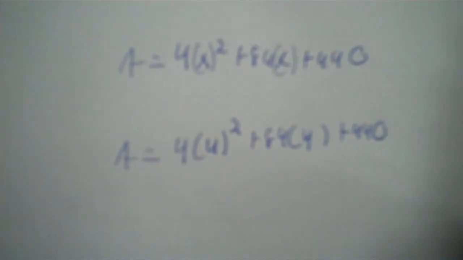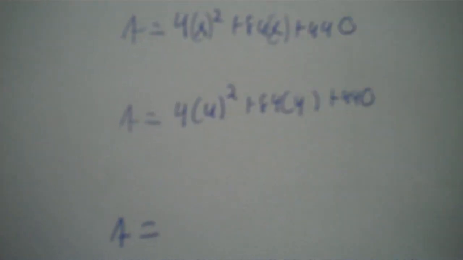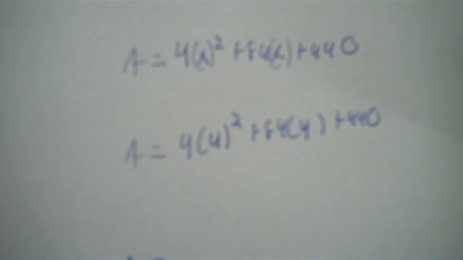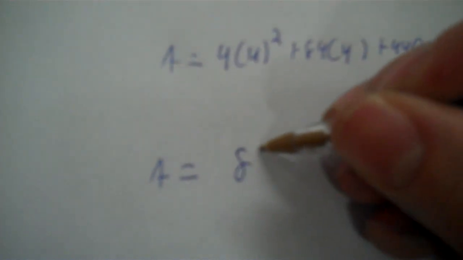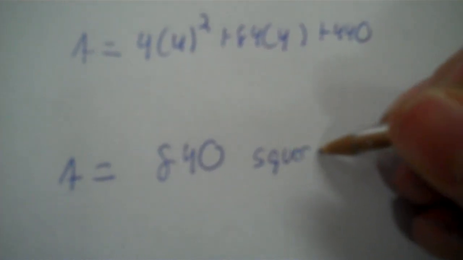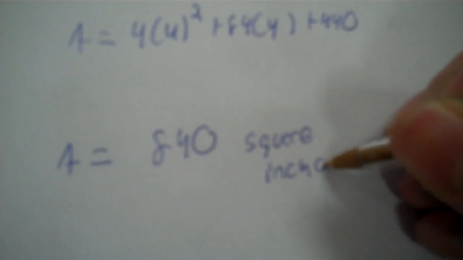And 4 goes in for x. Okay, now a is by itself, you just fill it in. So 4 parentheses 4 caret 2 plus 84 parentheses 4. You got to get the caret 2 after the first parentheses because it's to the second power. Plus 440. Okay, I got 840 inches, but it's square inches. Area is measured in square units. Okay.